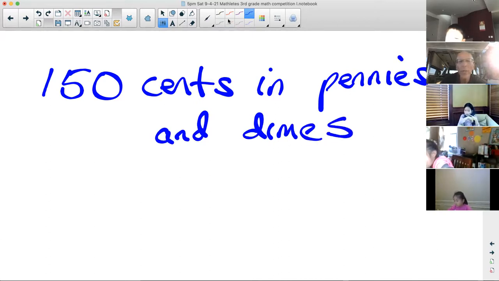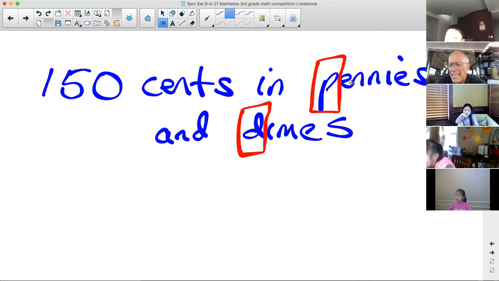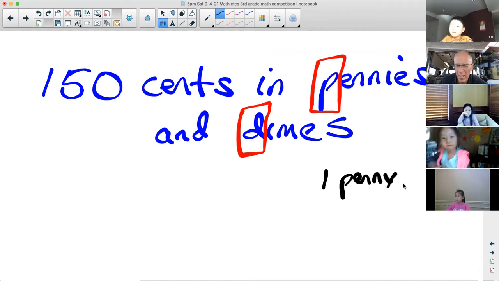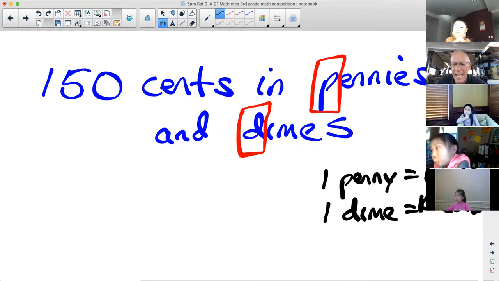Can we agree that we could call the number of pennies the letter P? Could we call the number of dimes the letter D? Yes. And who can tell me how many cents there are in 1 penny? 1. And what about 1 dime? 10 cents.